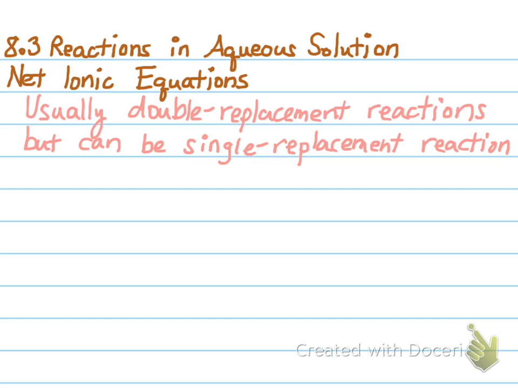Now, when we talked about double replacement reactions, one of the things we talked about was the fact that for us to know a double replacement reaction has taken place, one of 3 things has to happen. Okay, so double replacement reactions must produce a precipitate.